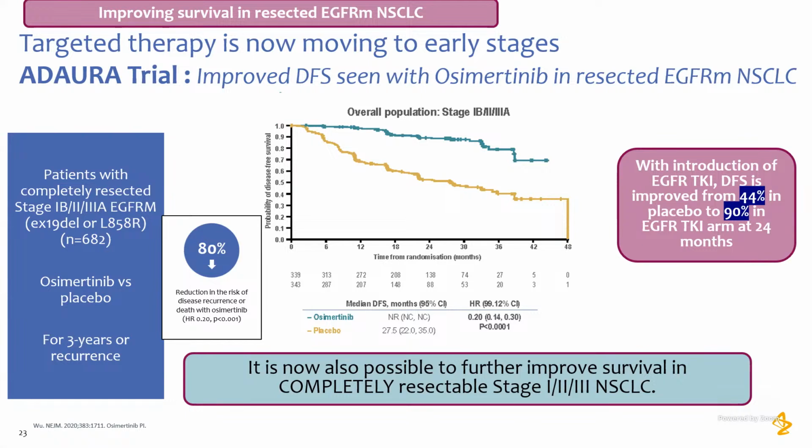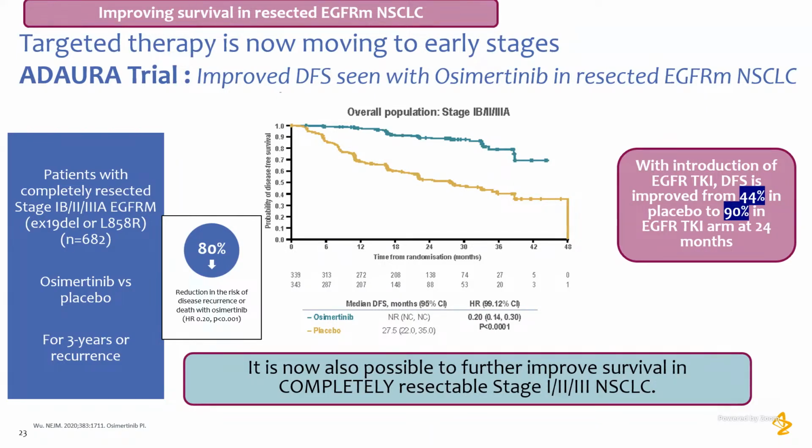Targeted therapies are now coming up in the early stages. The ADAURA trial data, where patients with completely resected stage 1B to 3A EGFR mutated lung cancer were randomized between placebo versus osimertinib for 3 years, showed significant improvement in overall survival and disease-free survival.